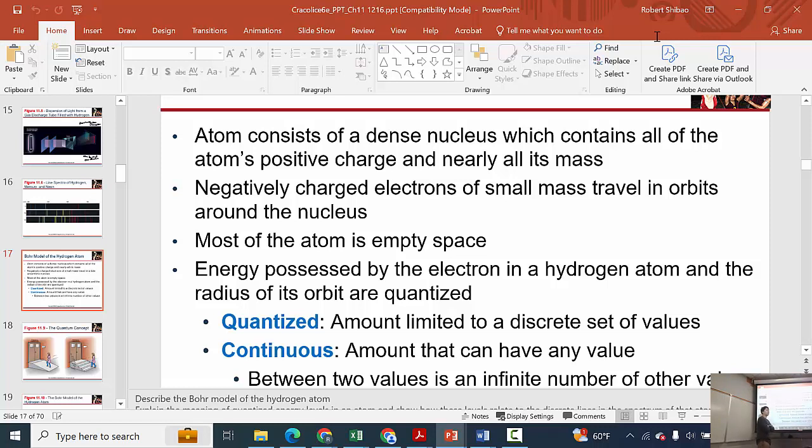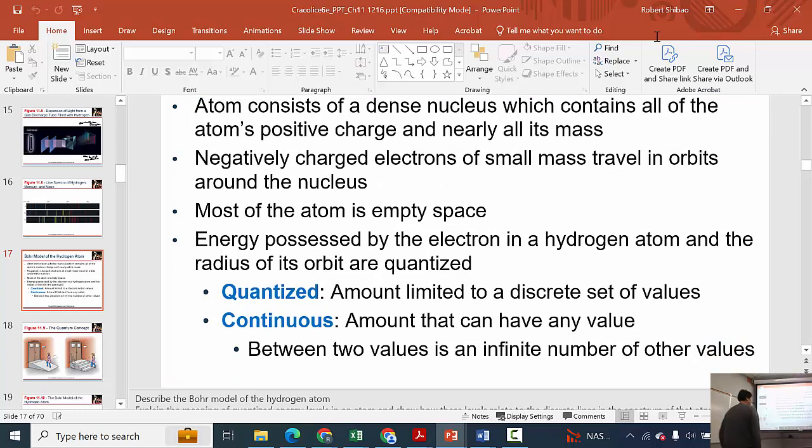Normally when we think about an orbit, we think about the radius, how far it is from the center. But in the Bohr model, certain radii are not allowed. The electron can only orbit at certain distances, or certain energies, from the nucleus.